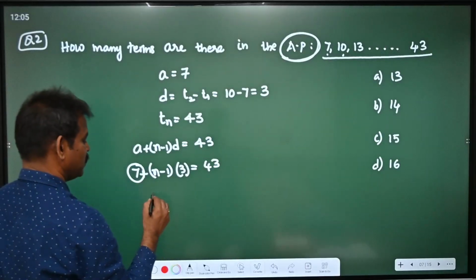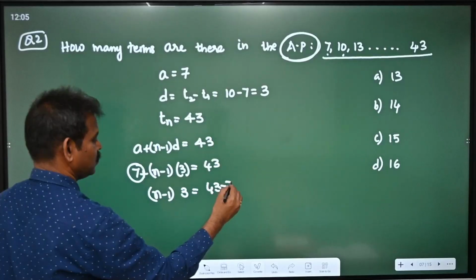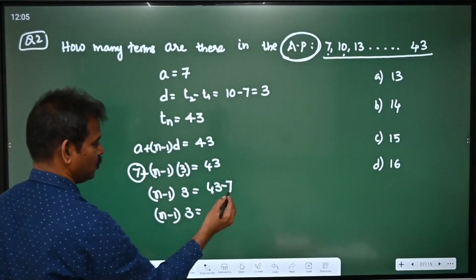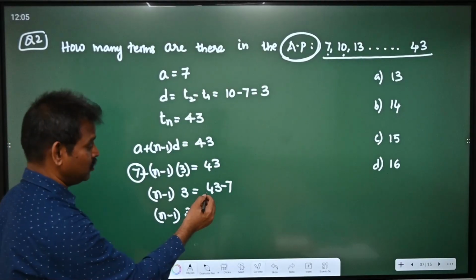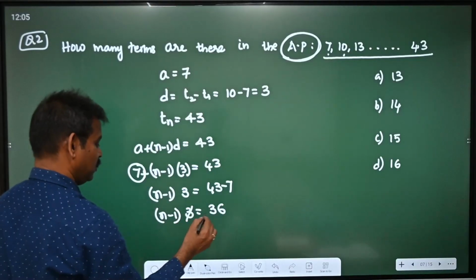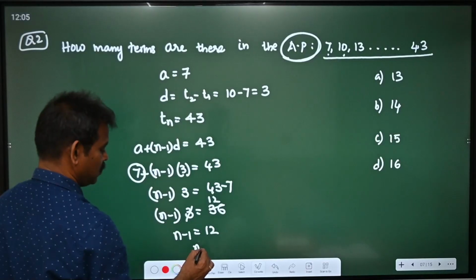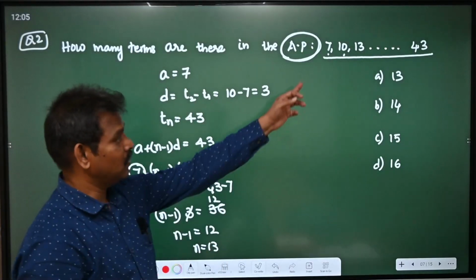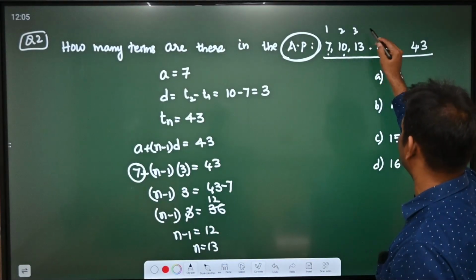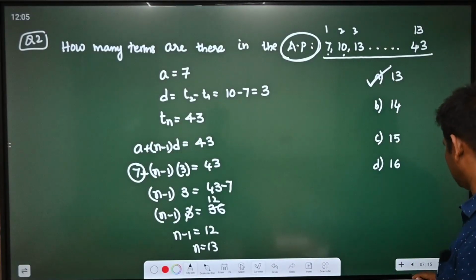Take this and keep that side. n minus 1 into 3 is equal to 43 minus 7, which will become 36. 3 12s are 36. n minus 1 is equal to 12. n is equal to 13. So that means in this given series, the total number of terms is 13, the 13th term. Option A is correct.